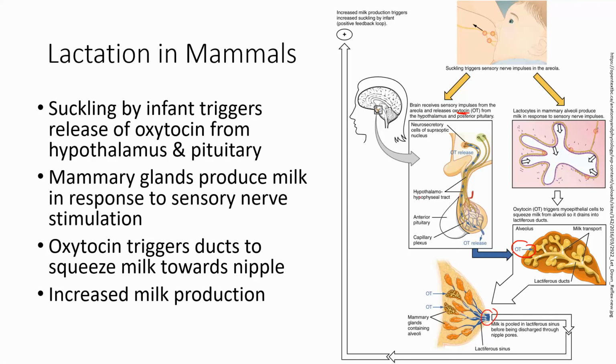Another thing is these sensory nerves are going to also trigger lactocytes, which produce milk, to produce more milk, so that way it can be basically released. That increases milk production, which increases the suckling action of the infant, which then will increase milk production, and this continues until the infant is basically full. They stop suckling, and then the milk production slows down.